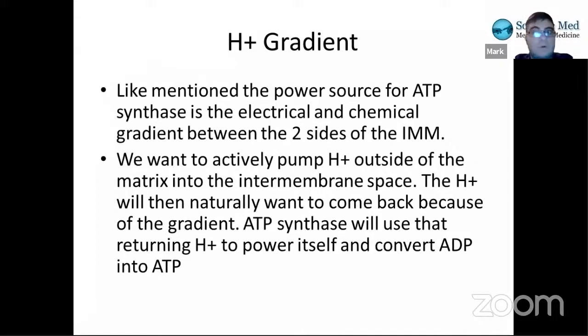The H+ will then go down its gradient, naturally wanting to come back across the membrane, and ATP synthase is actually directly tied to this process of it coming back. We use this process of the H+ coming back to give power to the ATP synthase and convert ADP into ATP. And ADP, as you know, is the inactive form. ATP is the active form, which has energy.